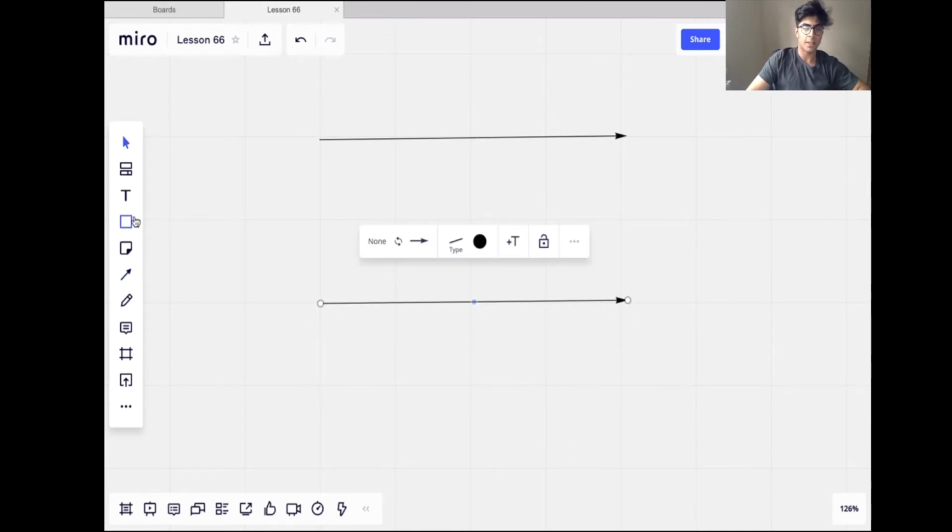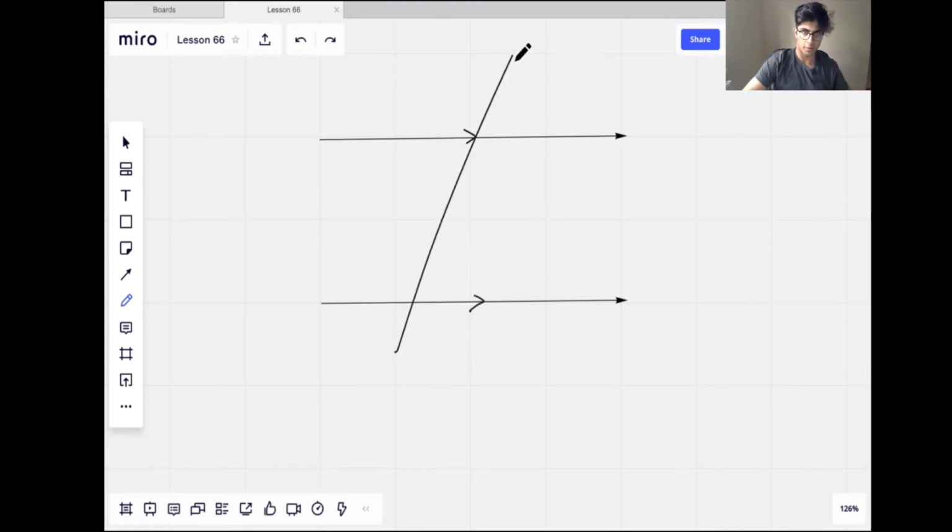To indicate parallel lines, we put an arrow sign on each line, showing that this line and this line are parallel. And remember what parallel means? It means they're never going to touch. Now let's think about another line that goes through them like this.